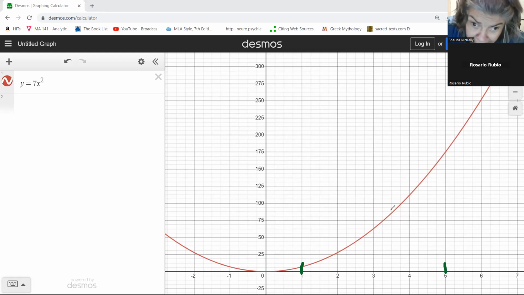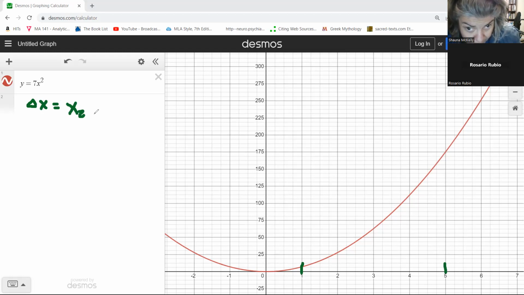Now, delta x, the first part of this, means the change in x. That just means x2 minus x1, is all that means.